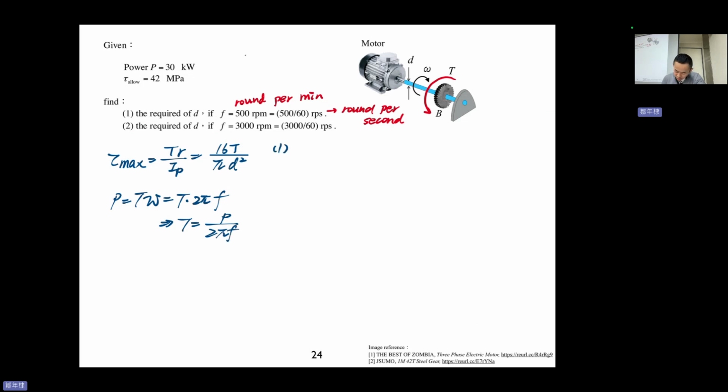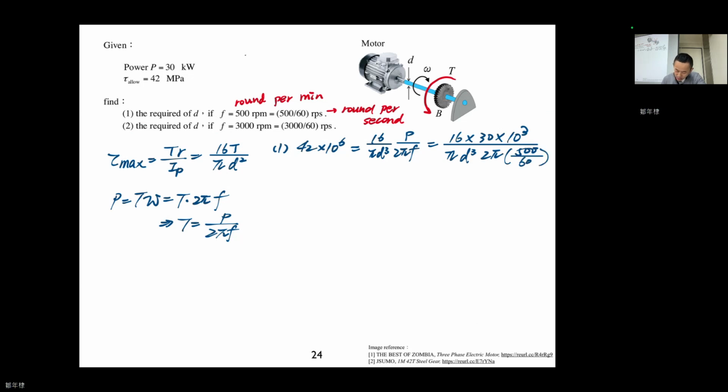So the first one is 42 times 10 to the 6 equals 16 times P divided by pi d cubed times 2 pi F, which is 16 times 30 times 10 to the 3 over pi d cubed times 2 pi times 500 divided by 60.